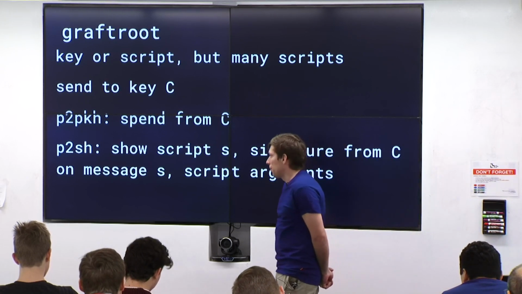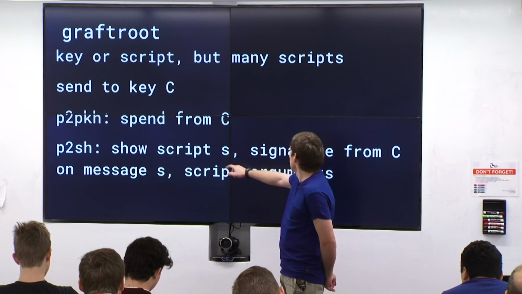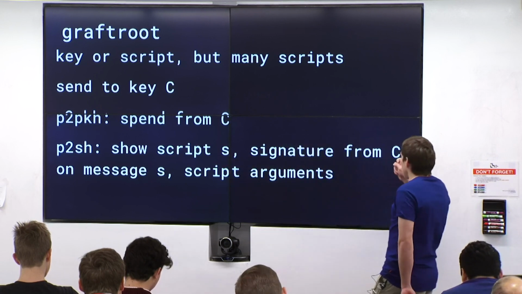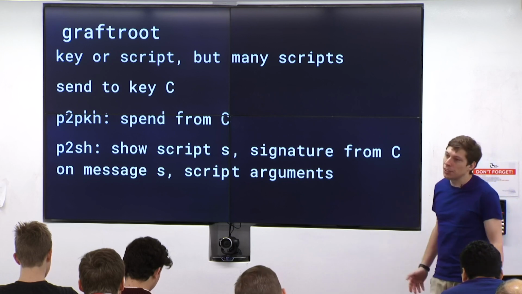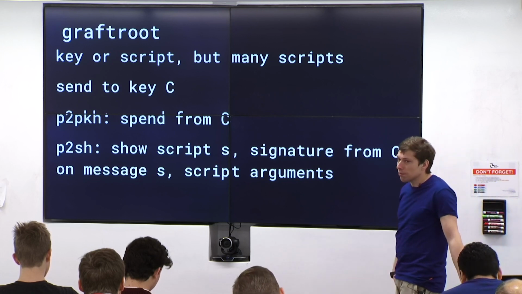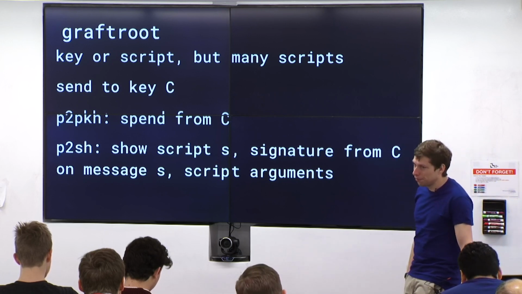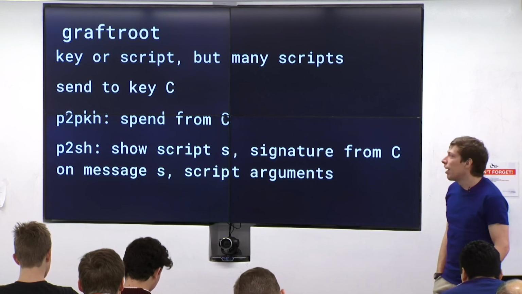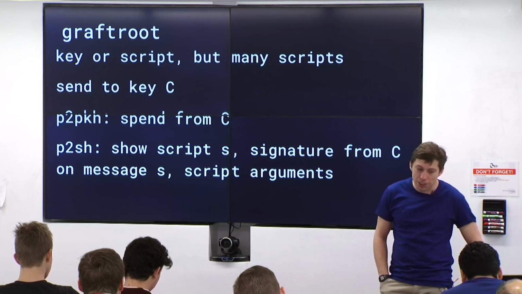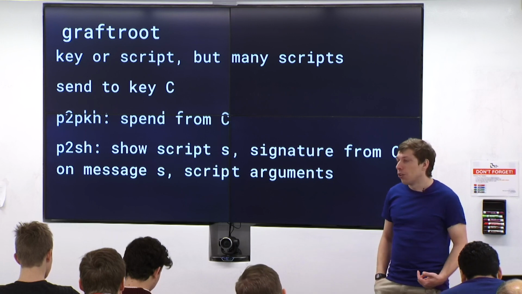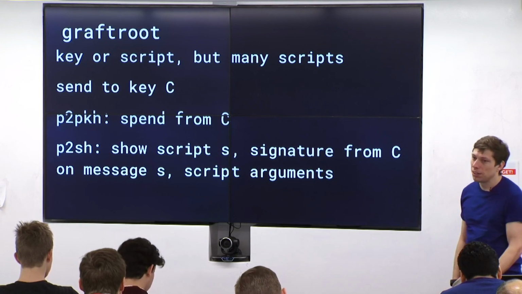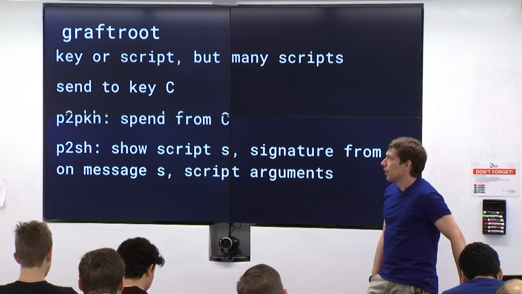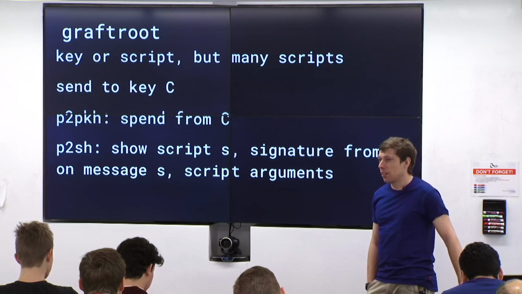The script version is, I show a script S, and a signature from key C on the message S, and then I execute that script. So this is kind of cool, right? You say, look, I'm sending to a key, and either that key itself signs, or that key endorses a script to be executed.